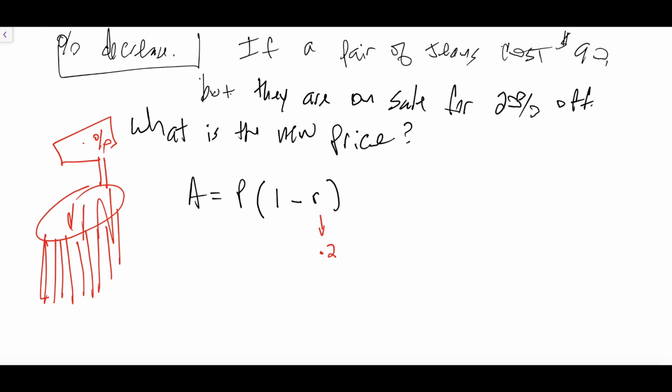But what would it say on the sign? 20. And if you see these jeans, and it's got a price on it, do you know that price? 90. It's going to say 90. So we know the before discount number. Do we know the OG or the new? We know the new.